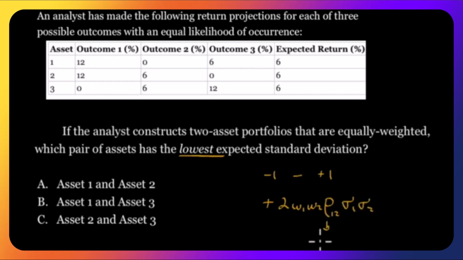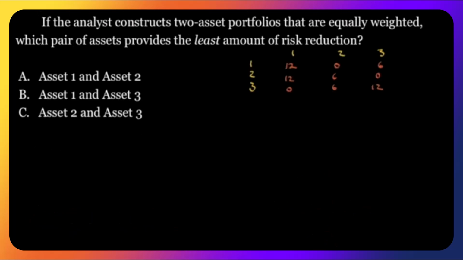The lowest this can get is -1, and if this is -1, this third term will not be additive. We'll subtract it. It'll actually significantly lower portfolio standard deviation or expected standard deviation. So we want two assets that are perfectly negatively correlated. We already said 2 and 3 are. So on 33, still sticking with asset 2 and asset 3.